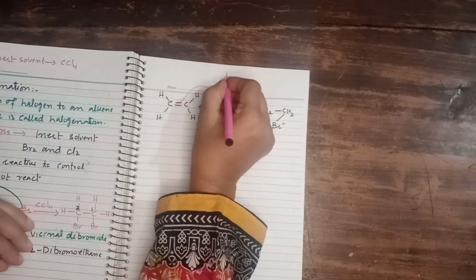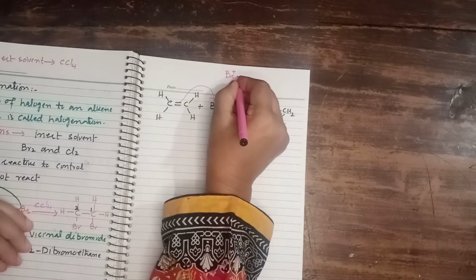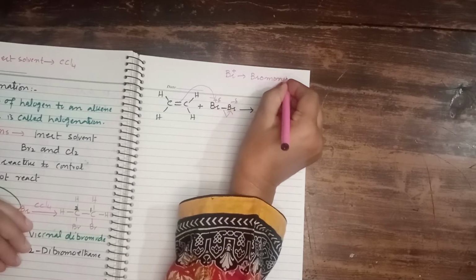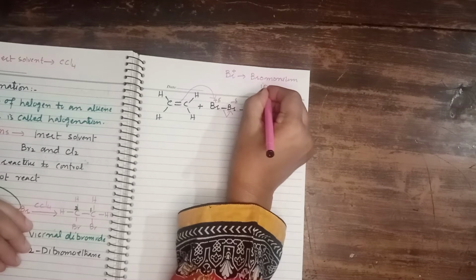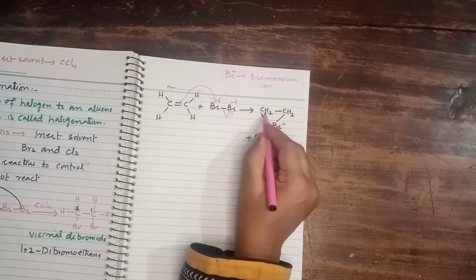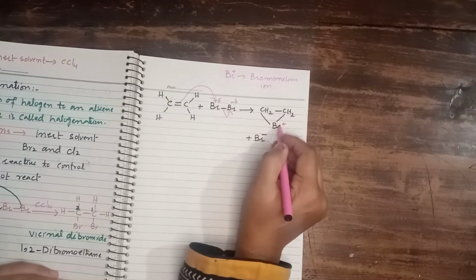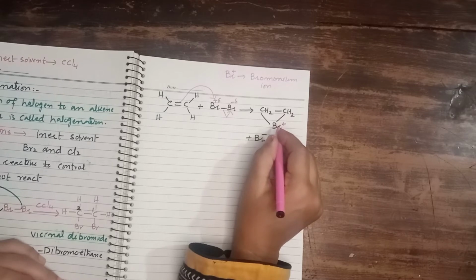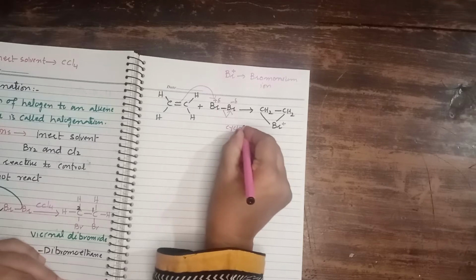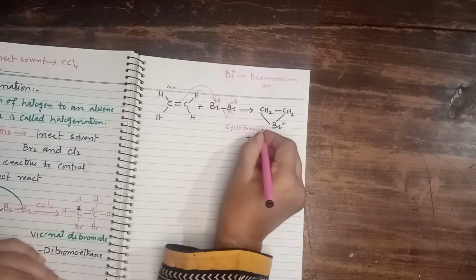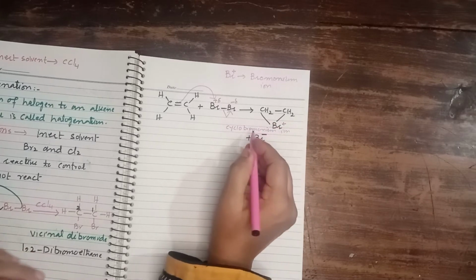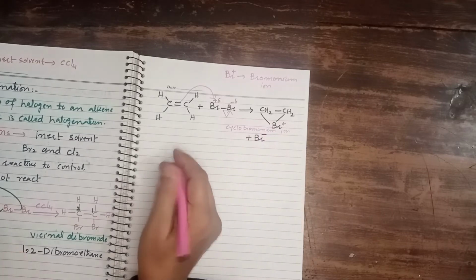Bromine with plus charge is known as a bromonium ion. Since this bromonium ion forms a cycle with the straight chain structure, it is known as a cyclobromonium ion, right students?